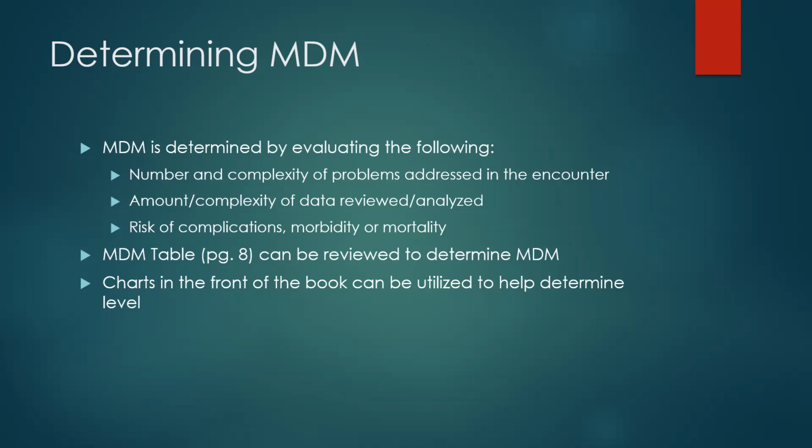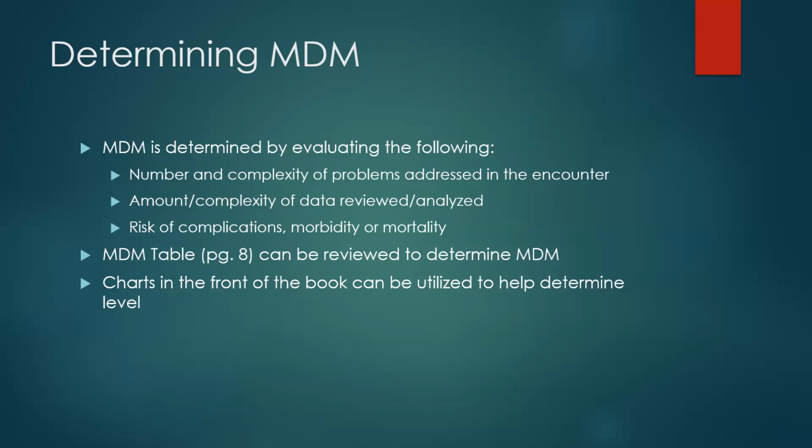And that's not really what they're wanting you to assess. When we talk about risk of complications, morbidity, or mortality, we're talking about the risk of injury or of worsening condition or of death if we pursue further diagnostics or with treatment. So if we are going to perform a surgery, how risky is that to the patient's life? Okay, so that is what we're talking about when we're looking at risk for MDM.